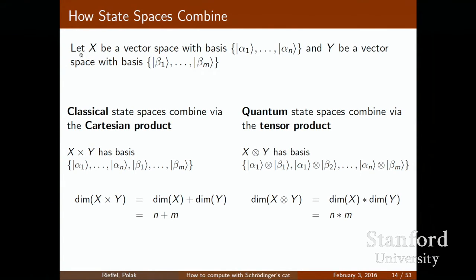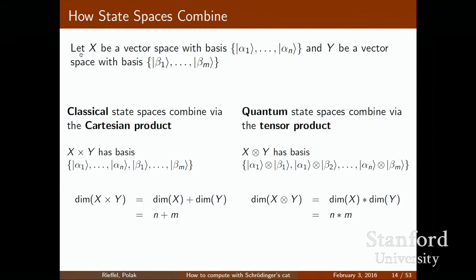Dimensions just add up. So if you have a basis alpha i and beta i, then classically in the Cartesian product, a system consisting of two of these spaces is described by a space that has the union of these basis vectors.